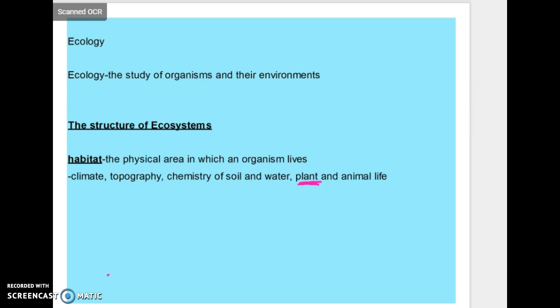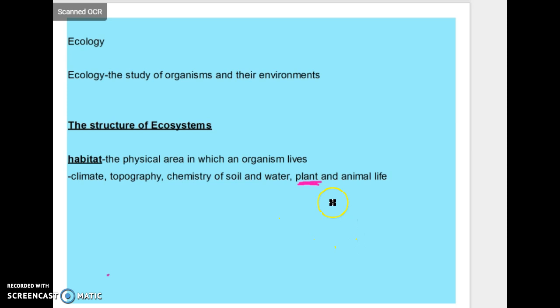The water: does it have standing water? Does it have moving water? Does it have any water on the surface? Plant and animal life, what all is in that habitat. So when we refer to an organism's habitat, the physical area in which an organism lives, we're taking into account all of these other things.